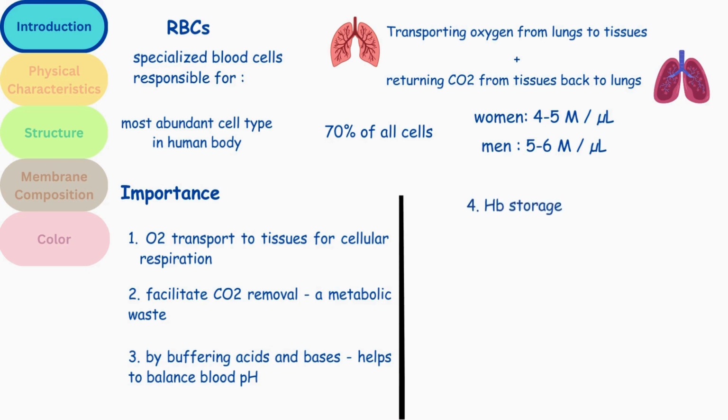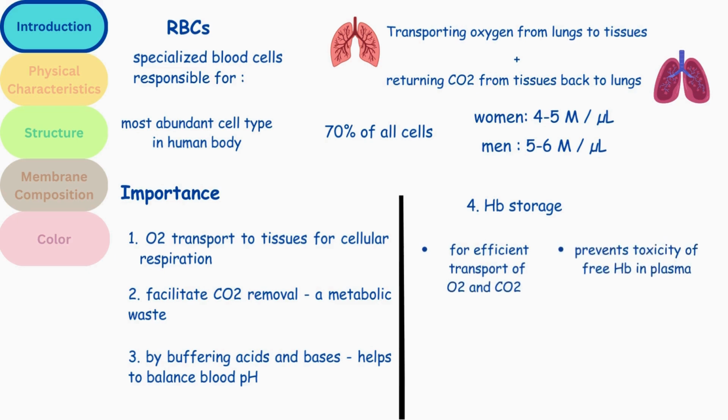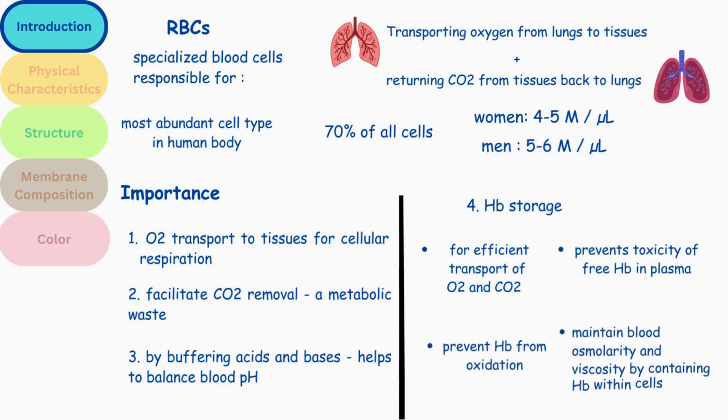Another one is hemoglobin storage. Why does it store it? As we know, for efficient transport of oxygen and carbon dioxide. Also, it prevents toxicity of free hemoglobin molecules in plasma, prevents hemoglobin itself from oxidation, and maintains blood osmolarity and viscosity by containing hemoglobin within cells.